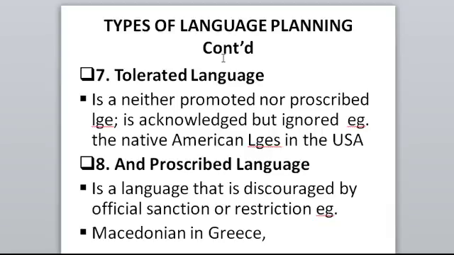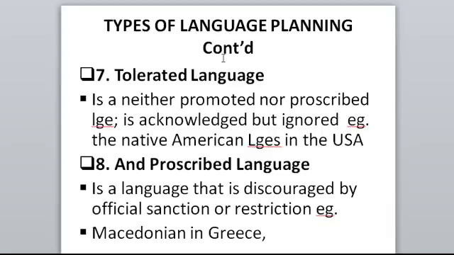Now, let's have a proscribed language, which is the last in this chain. A proscribed language is a language that is discouraged by official sanction or restriction. Officially, it is not allowed. For example, you have Macedonian language in Greece, which is actually proscribed.